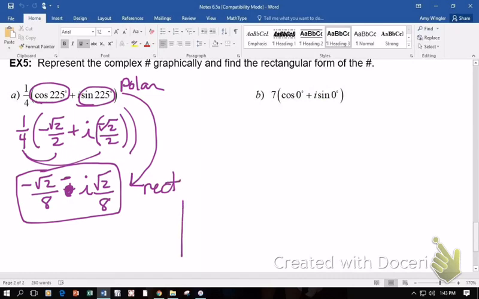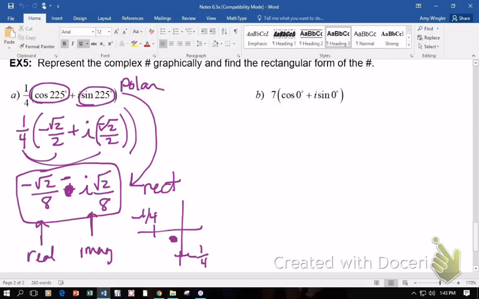So now if you plot this point, that's your real part, that's your imaginary part. So you go over negative radical 2 over 8, which is teeny tiny, and down radical 2 over 8. So you're going to plot this point in quadrant 3. Having trouble getting this point plotted. There we go. If you want to label some axes, negative radical 2 over 8 is smaller than negative 1/4.